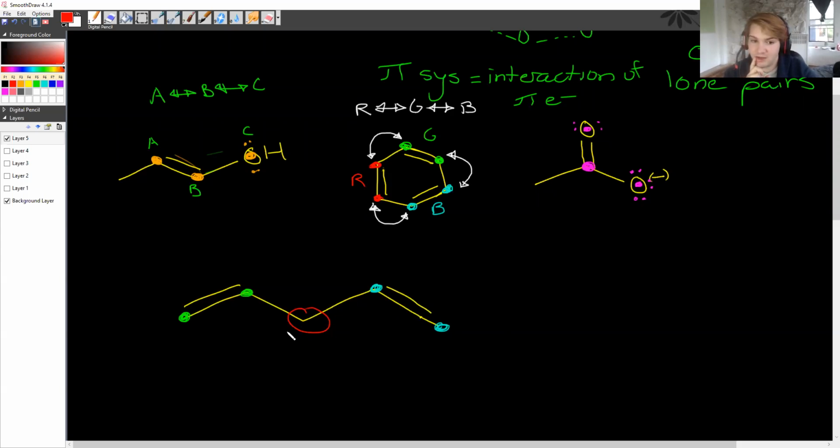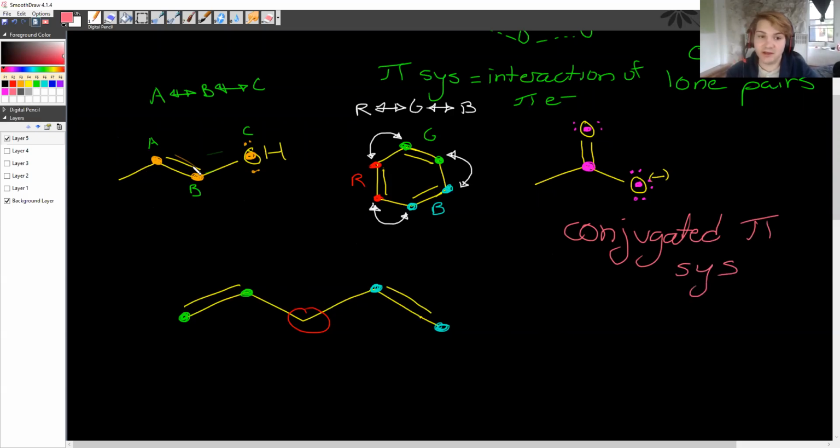All right? This describes two systems. All of these guys up here are what are called conjugated pi systems. Conjugated meaning that all of the atoms involved in pi bonds are able to interact with each other.